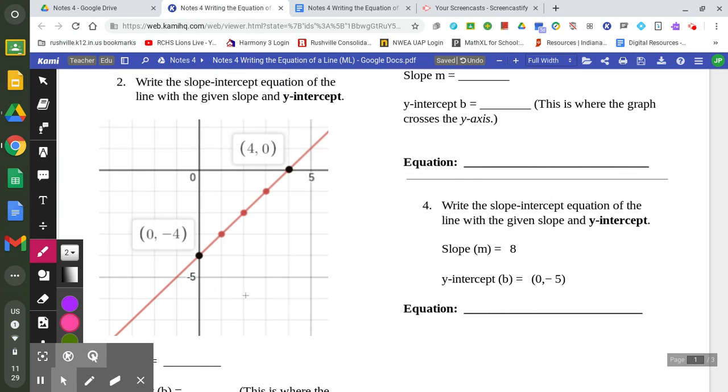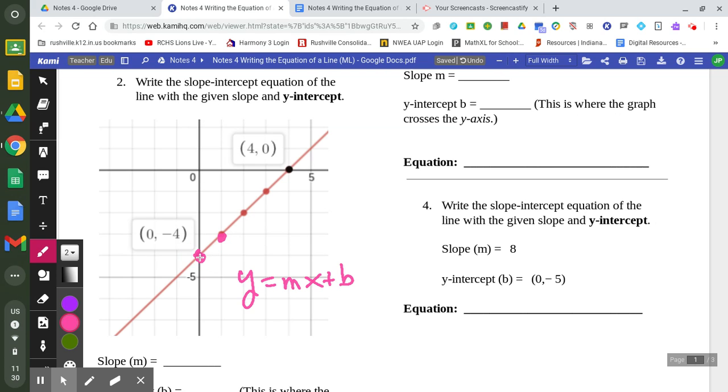On number 2, we are still expecting the y equals mx plus b format, but we don't give you the slope. We give you the points, so you need to find the slope by doing rise over run. So you find the farthest left point, which is right here, and I'm going to move to this point since it's right there on the corner of a box.